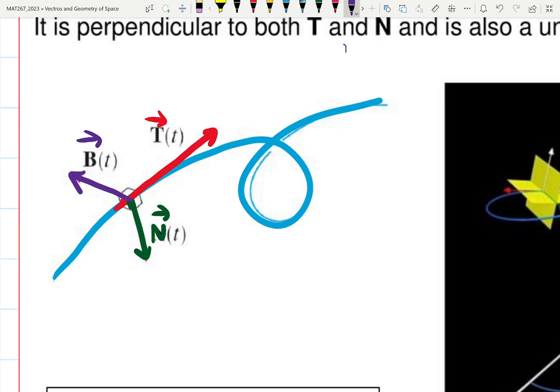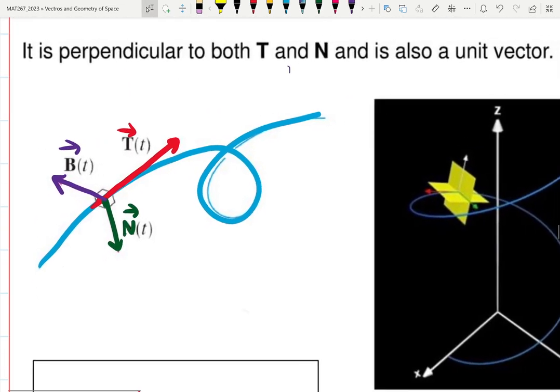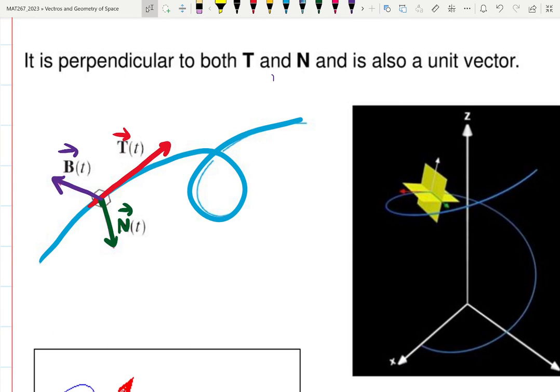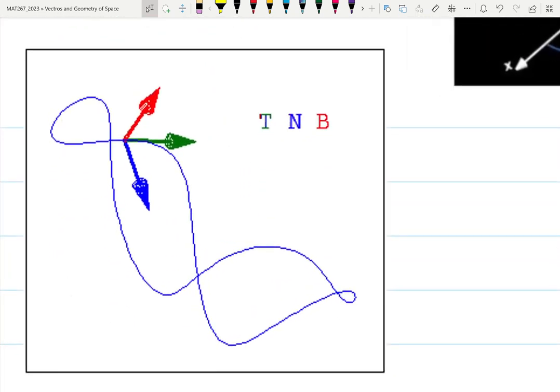T, N and B. This is how it looks in 3D. Each of them creates a plane. So these beautiful planes can describe the curve, how smooth it is, how it's increasing, decreasing, going up, going down, and so on.